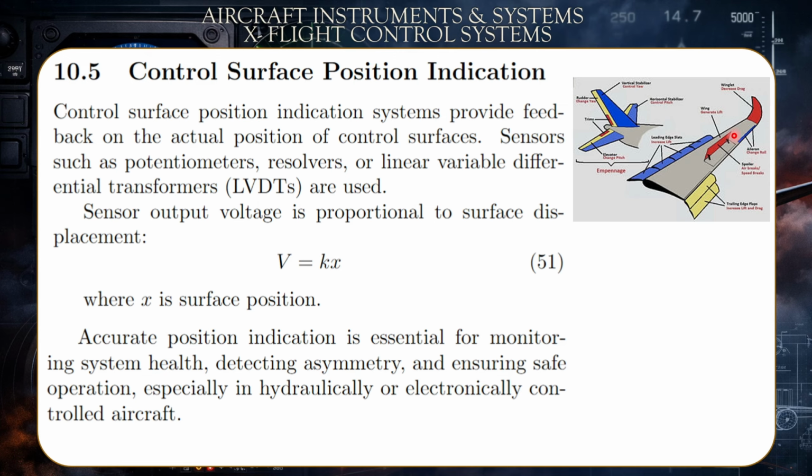So when, for example, this air brake, this spoiler here moves upward, its own rotation would generate a current. Why? Because it is connected to an LVDT, or potentiometer, which means it would change the resistance value, or resolvers, etc.